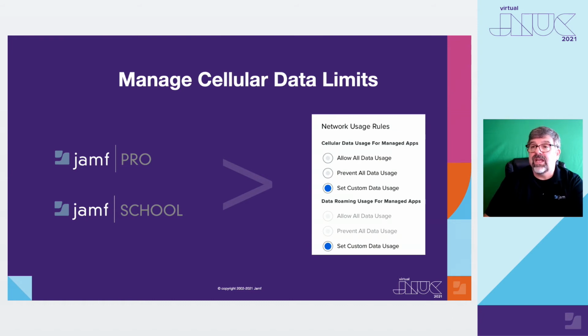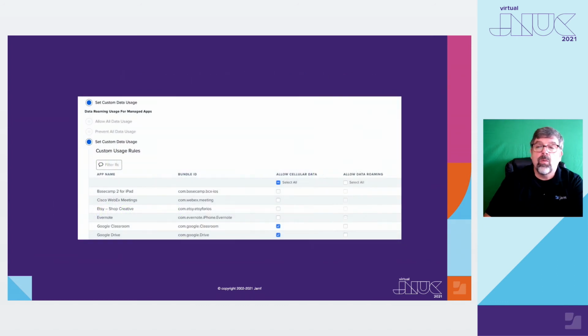For example, if we put in a profile and we're managing our limits and we state that we want to ensure that we're only going to use certain resources, we create a configuration profile. In this case, we're going to set custom data usage rules.